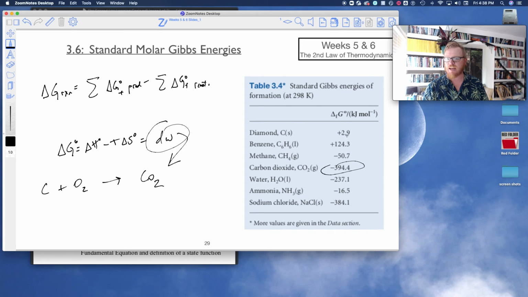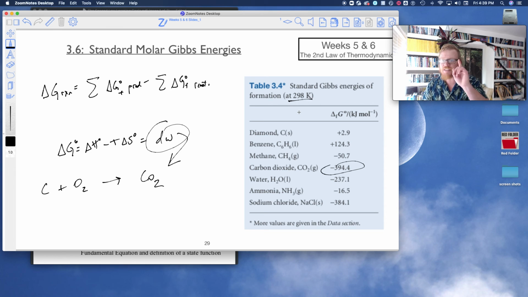Benzene, diamond, not so much. And that makes good sense for diamond. You know that you need a lot of pressure and temperature to make that happen. You're not going to form a diamond spontaneously from a lump of coal at 298 K. You need a ton of input. So you have to provide the taxes for that situation. Okay? So I'm going to cut it off there.